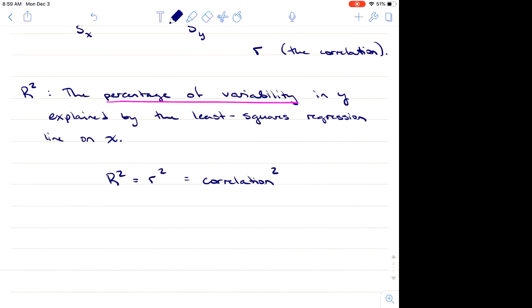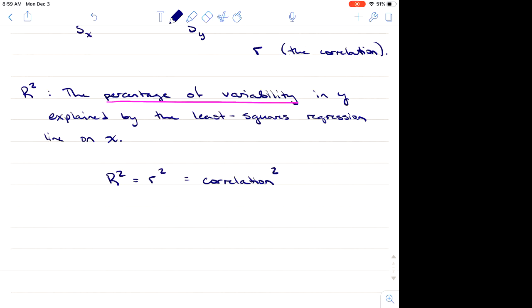The reason I bring this up right away is because part C, which we kind of glossed over, right? I tell you that 65.11% of the variation, so percentage of the variation, percentage of variability, okay, so R squared is 65.11%, or we need to work with the decimal, of course.